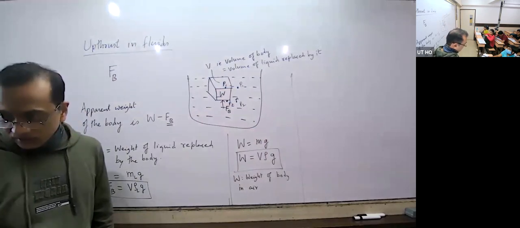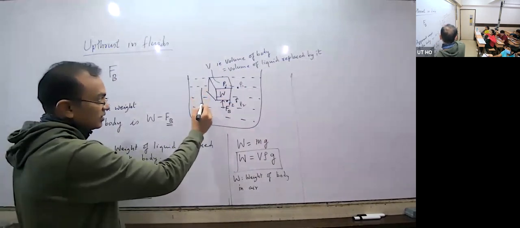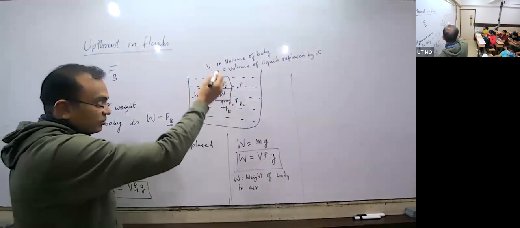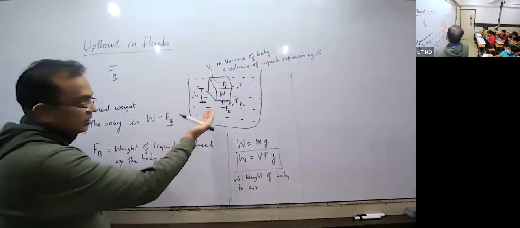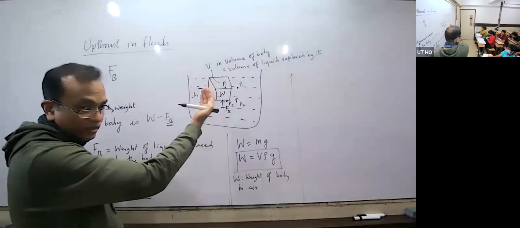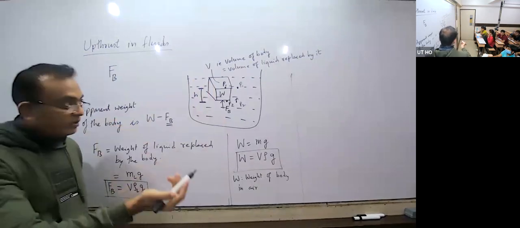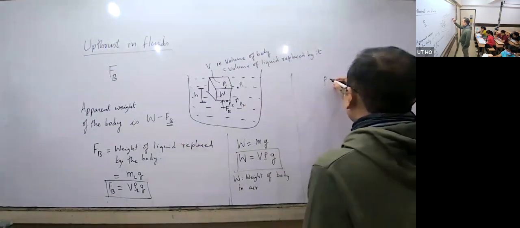P2 is greater, because it is at the greater depth. So it is due to the difference in pressure. The body experiences more pressure at its bottom than at its top.